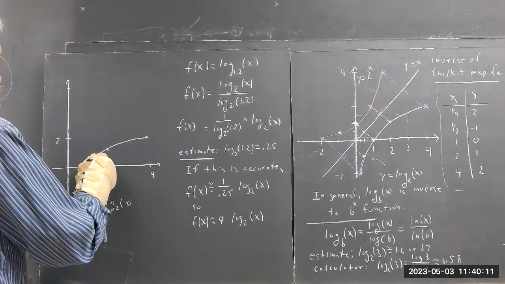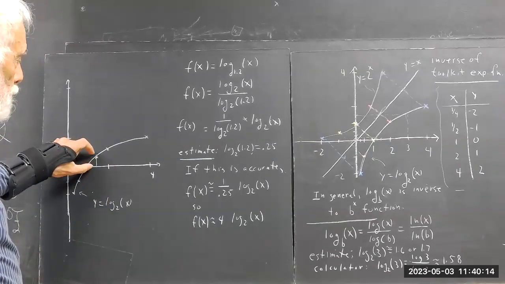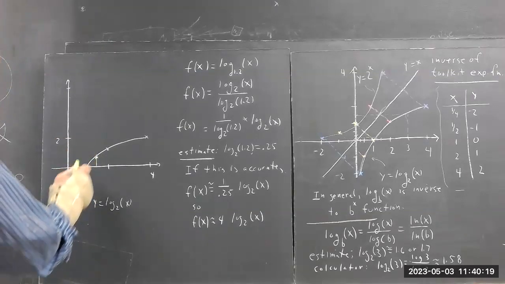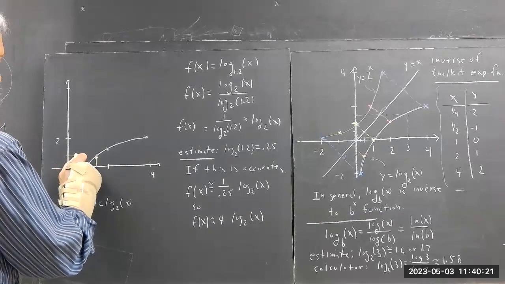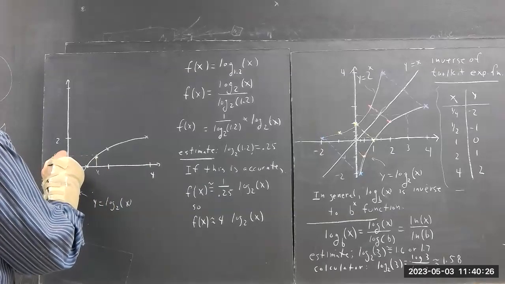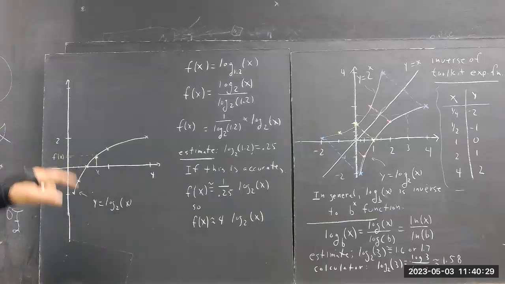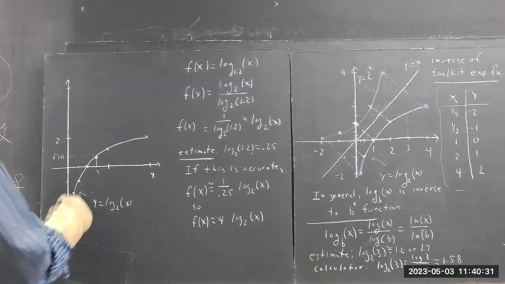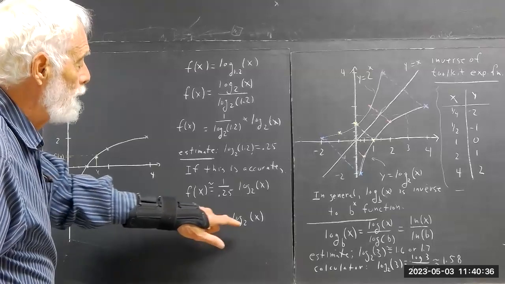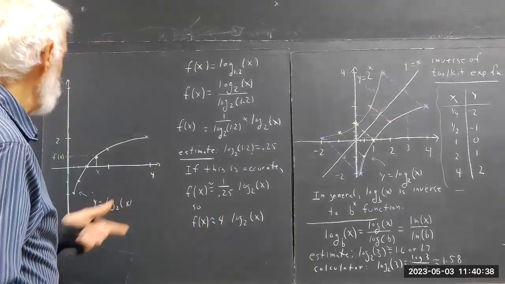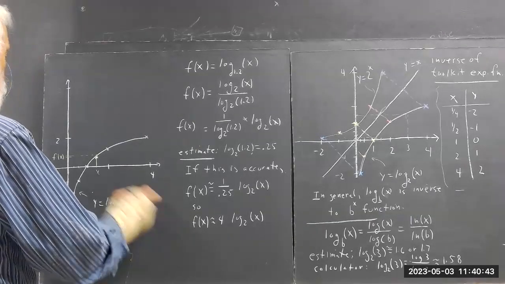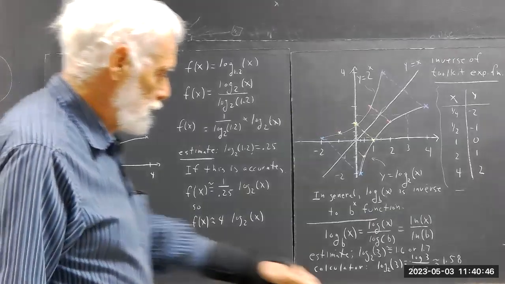I can draw an arrow that represents the value of the function to this value of X. Because of course, if this is X, then this is the value of f of X. If I want a graph of 4 times f of X, or, well, I'm using f of X for this, and f of X for this.